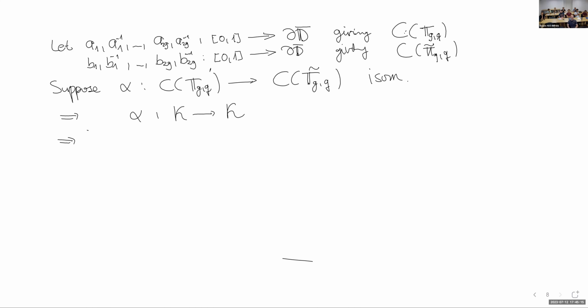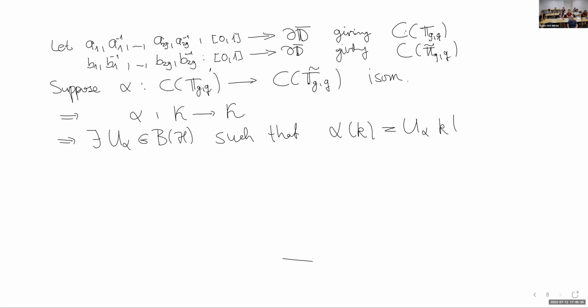So there exists a U alpha in B(H) such that alpha of the compact K is U alpha K. So it's a unitary isomorphism.